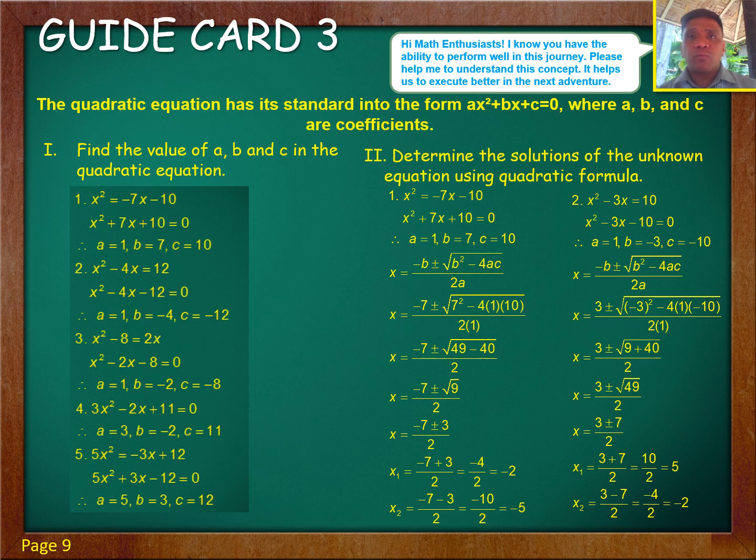Sub-objective number 2 is to solve for the unknown variable using the quadratic formula, x equals negative b plus or minus the square root of b squared minus 4ac, all over 2a.